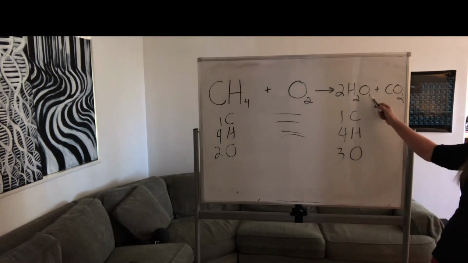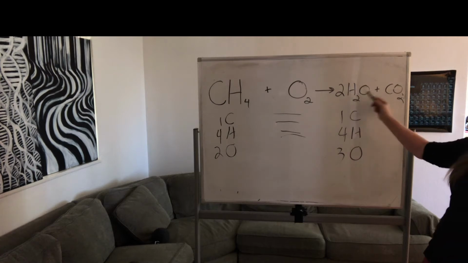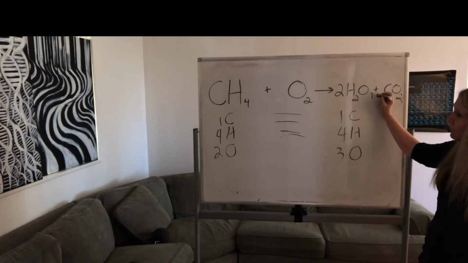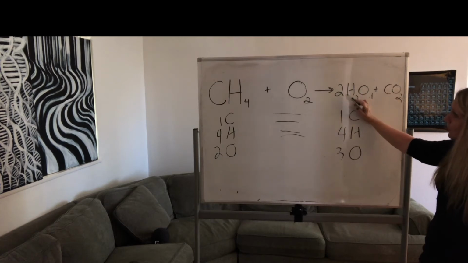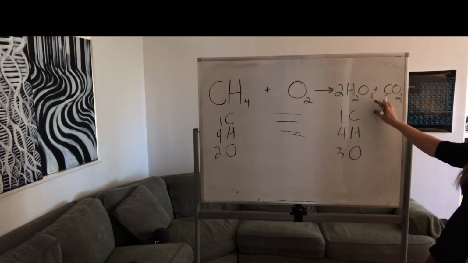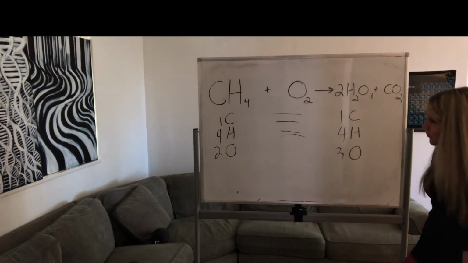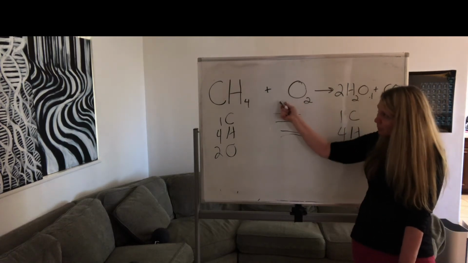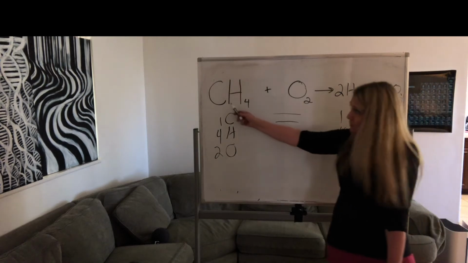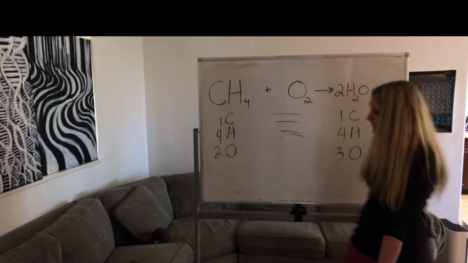But does that affect the oxygen? So now how many oxygens do we have on this side? Remember, if there's no subscript, it's a 1. You're always multiplying the subscript times the coefficient. You want to just think of it that way, because if there's no number, it's always a 1. So for example, here, there's no number, there's no coefficient. That means there's 1. Here, there's no subscript. That means it's 1.